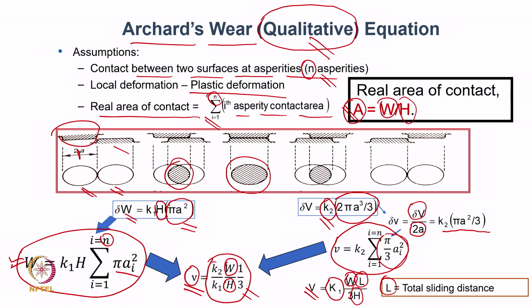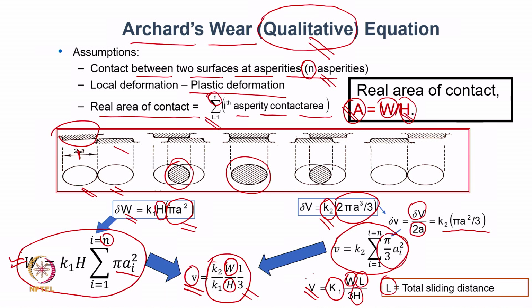So, initially what we thought, if the area of contact needs to be increased, or in short, if I look at the first equation, A is equal to W by H. This indicates if you want to reduce the stress on the asperities, you need to maximize the area. If you want to maximize the area, you need to minimize the H. That gives us some interpretation.